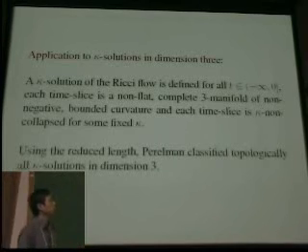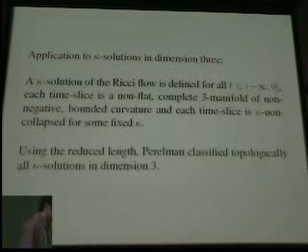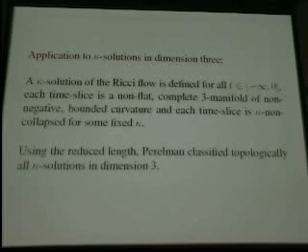So this is very important for classifying types of singularities. Using the reduced length, Perelman topologically classified all the kappa solutions in dimension 3. That enables us to understand all the surgery types for solutions of generalized Ricci flow.